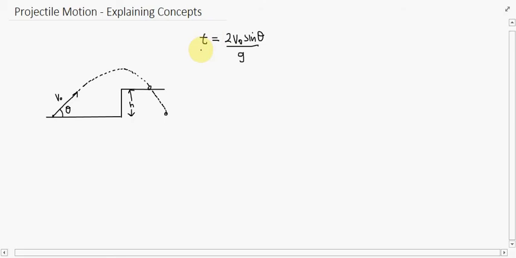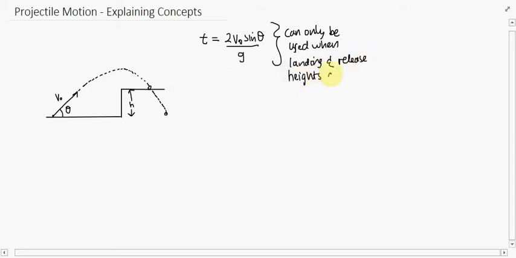This formula can only be used when the landing and release heights are the same.